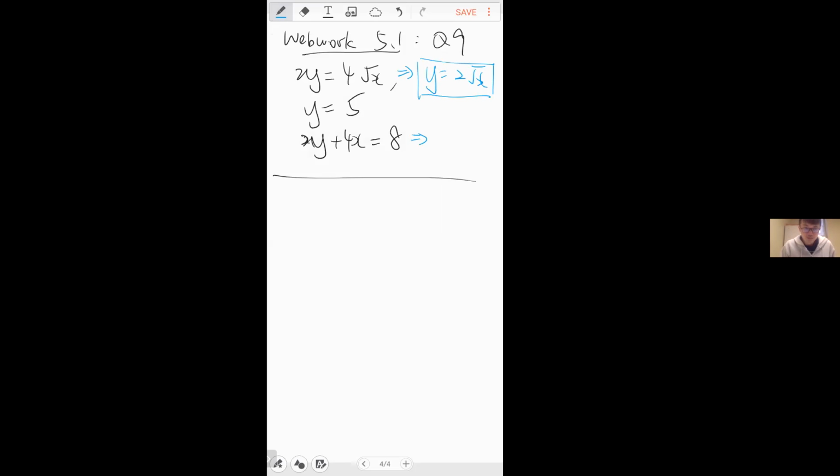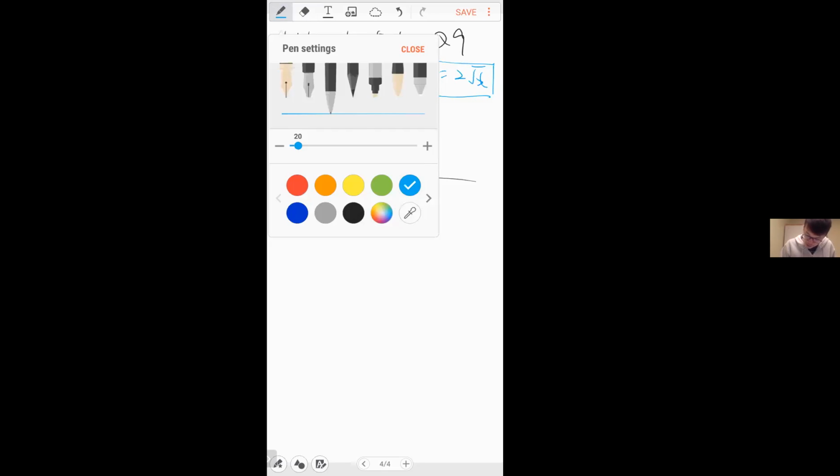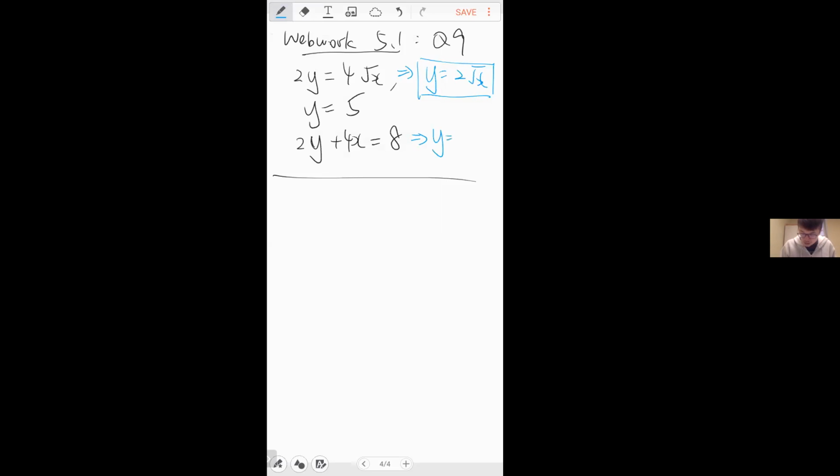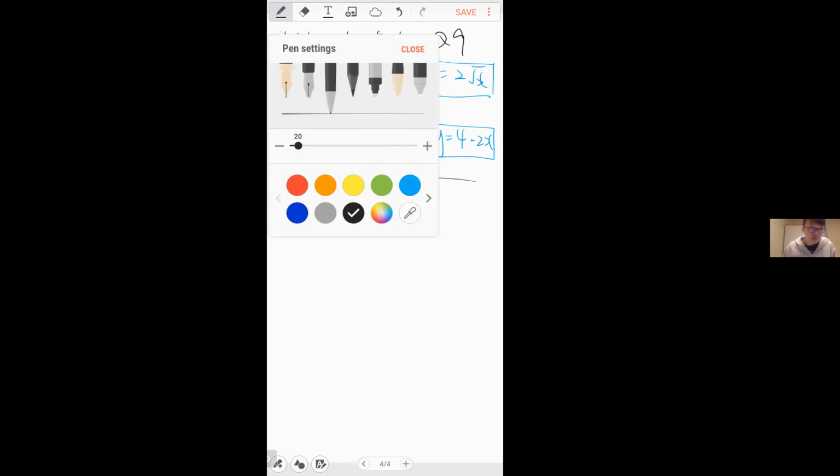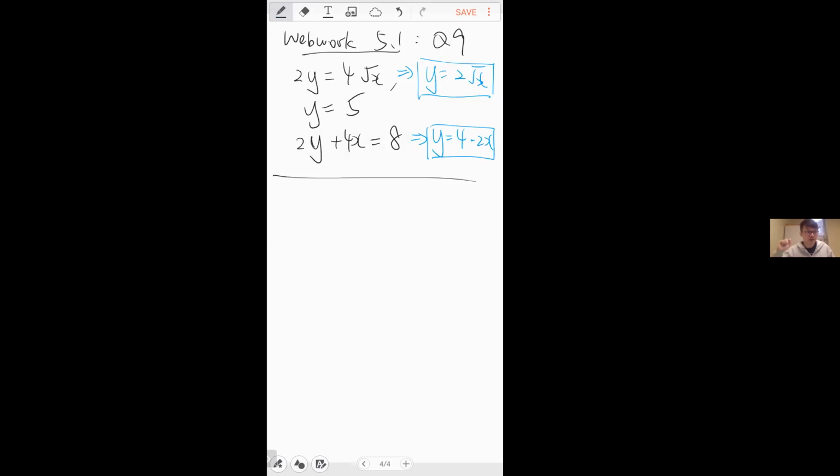And then the last one is y equals 4 minus 2x. Is it okay so far?